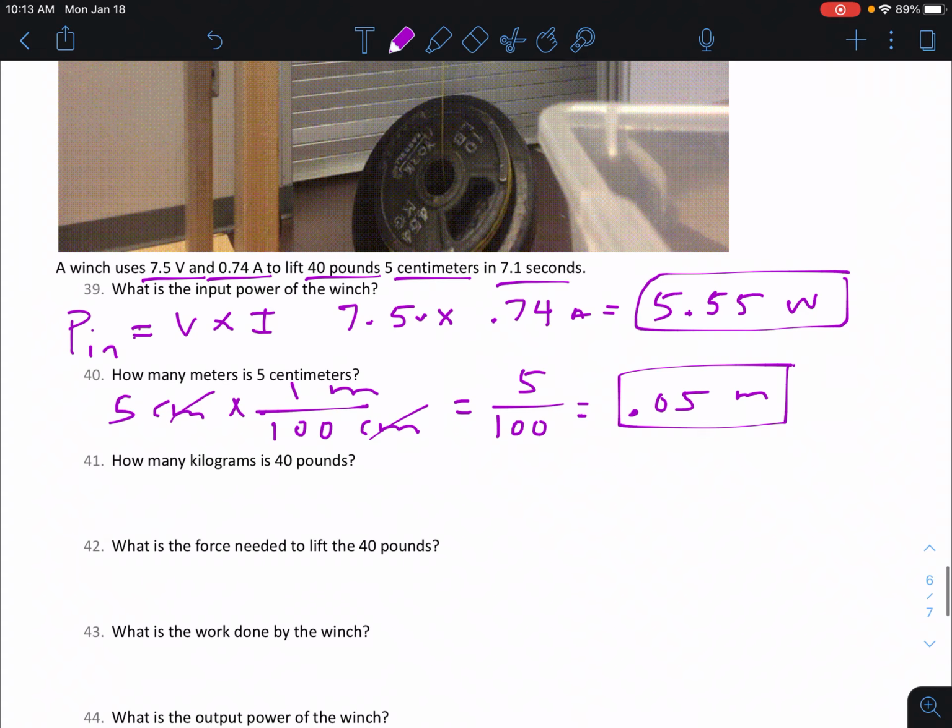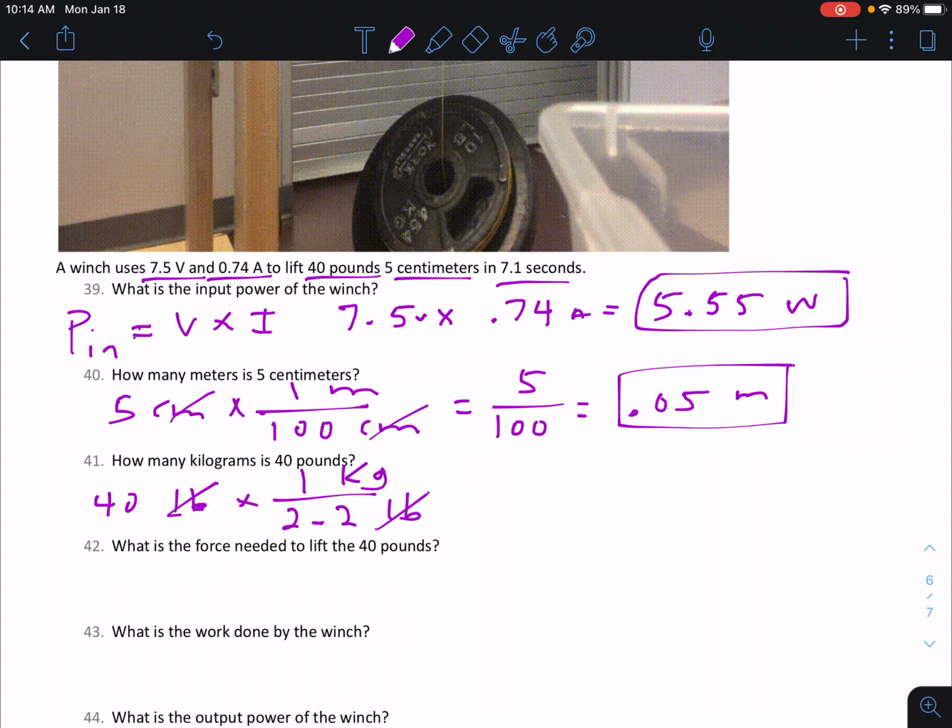How many kilograms are in 40 pounds? Again, you've done this many times. 40 pounds, and there are 2.2 pounds per every 1 kilogram. Units cancel out.